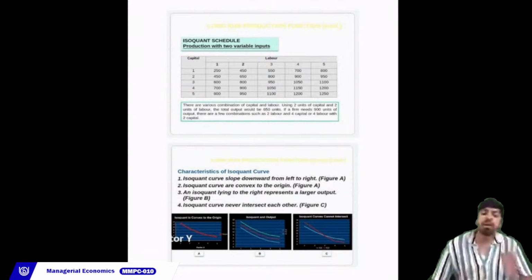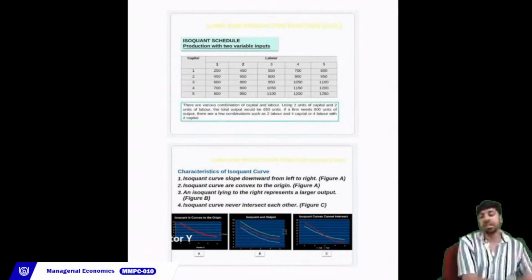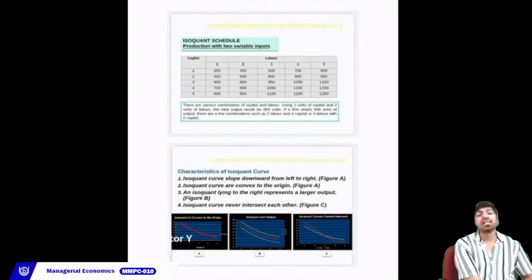When we talk about the third feature, an isoquant line to the right represents a larger output. Of course, that's very true if three isoquant curves are shown, in red, green, and light blue.